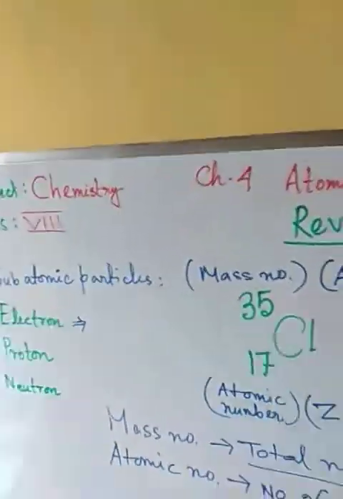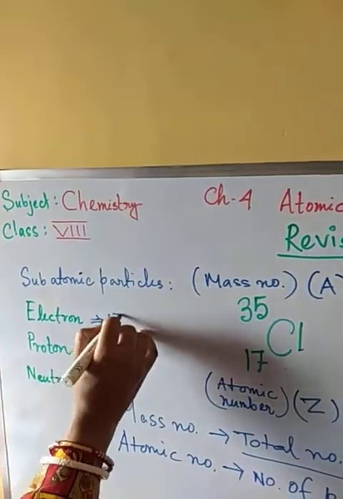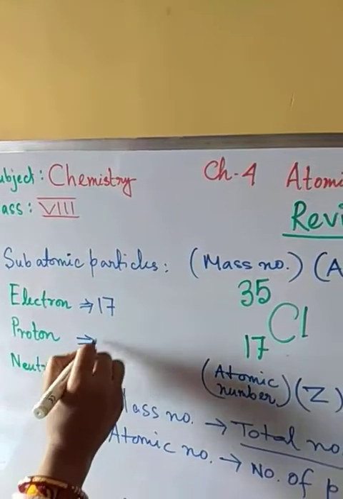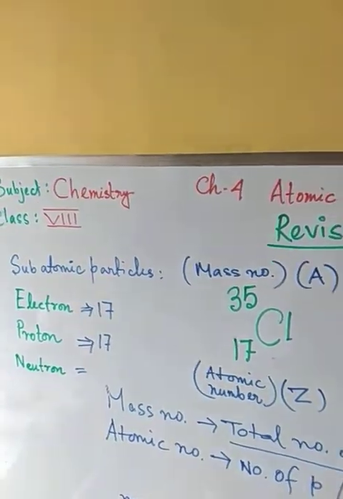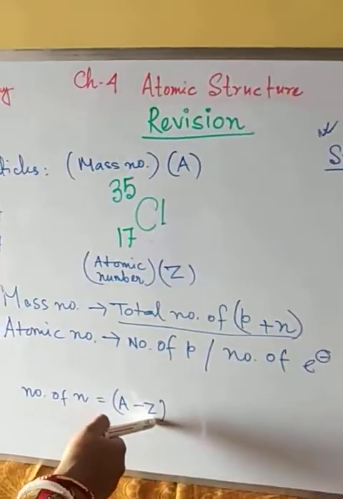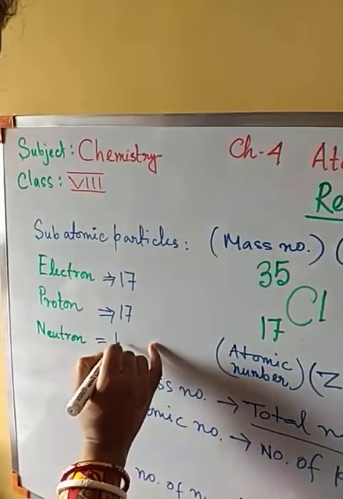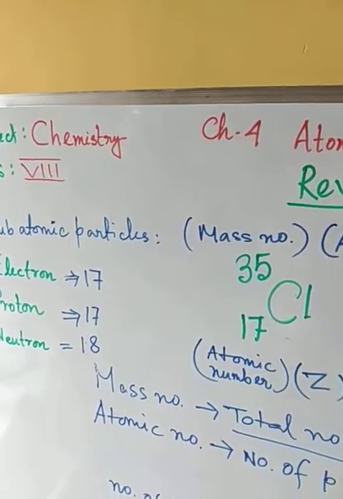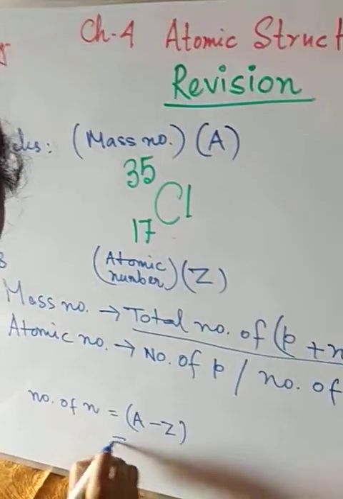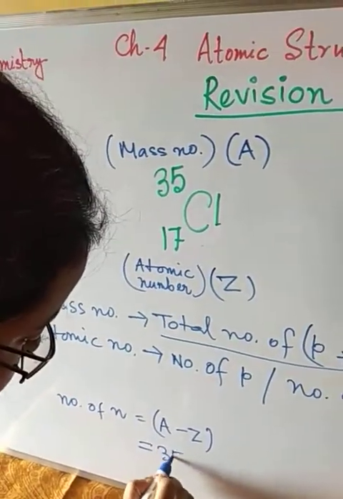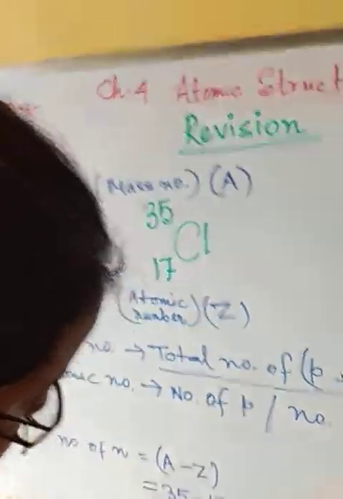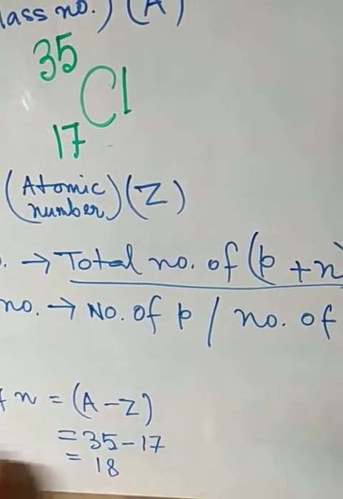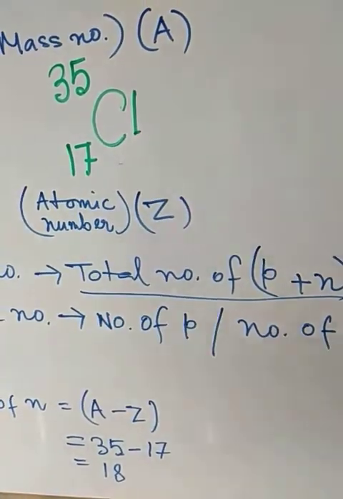For chlorine, number of electrons will be 17, protons again 17, and number of neutrons is equal to mass number minus atomic number. That is, from 35 we deduct 17, and this will be 18. So this is the number of neutrons for chlorine.